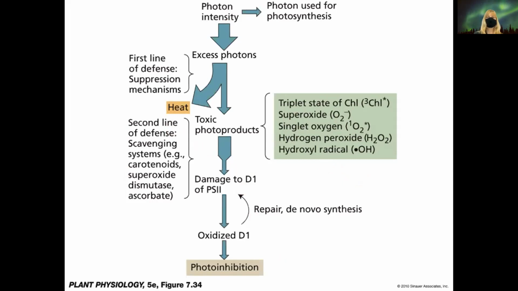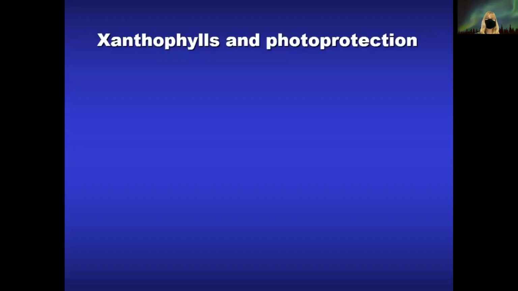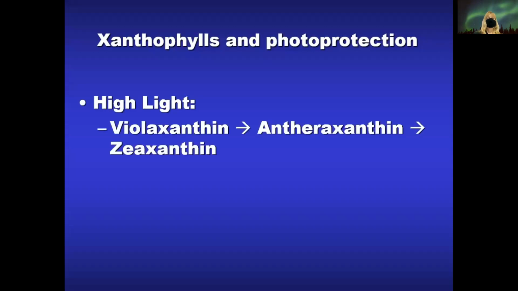So carotenoids, what's going on? So xanthophylls are carotenoids. All right, so they've done some work in the lab where they see this reaction take place, where these are all carotenoid pigments. All right, so you have violaxanthin reacting to form an antheraxanthin type of carotenoid, which then reacts and forms zeaxanthin.